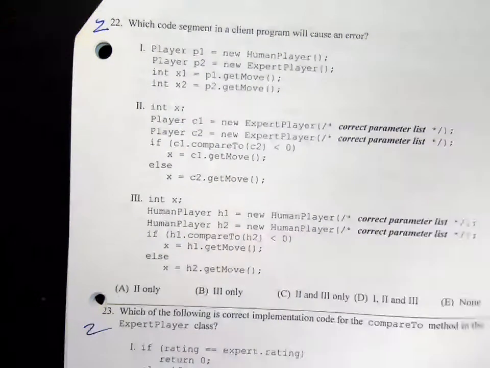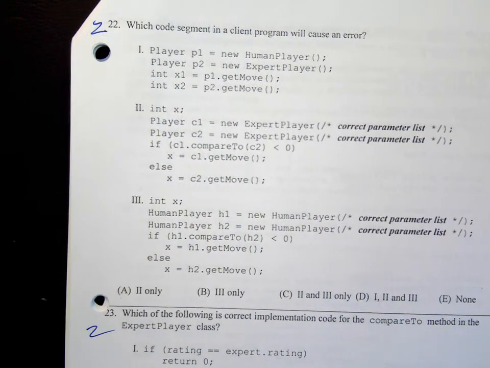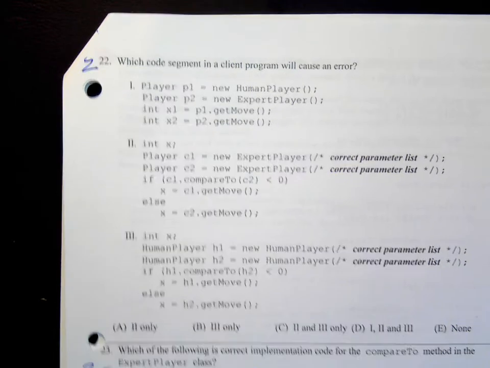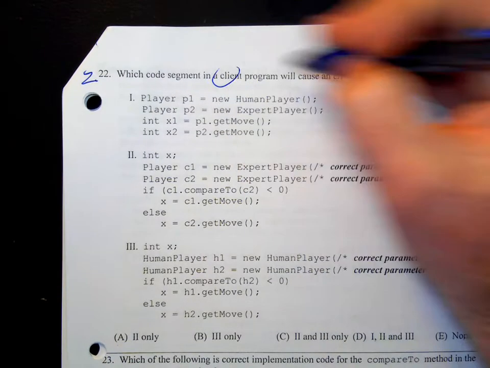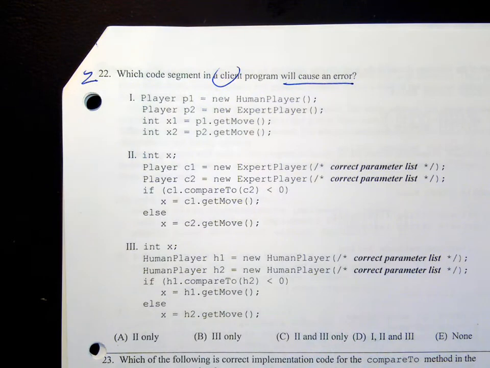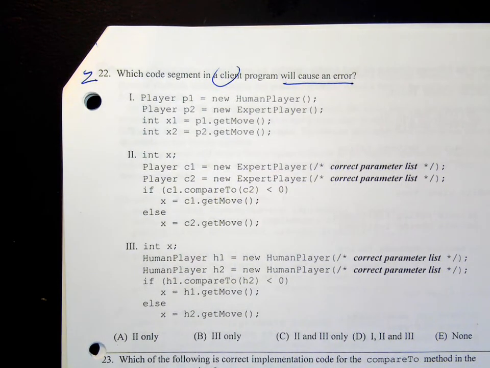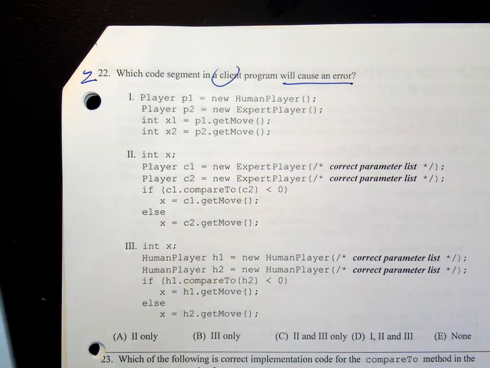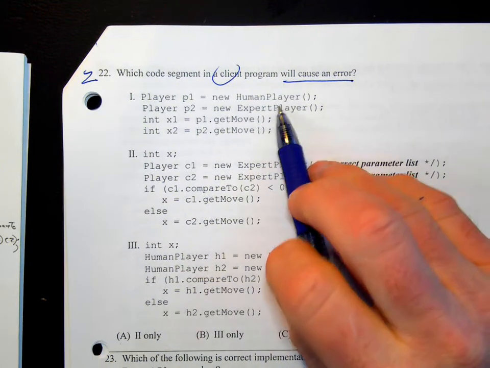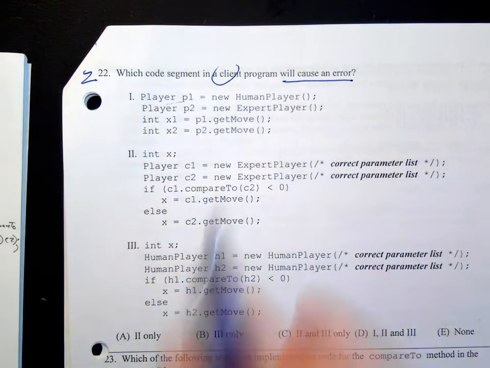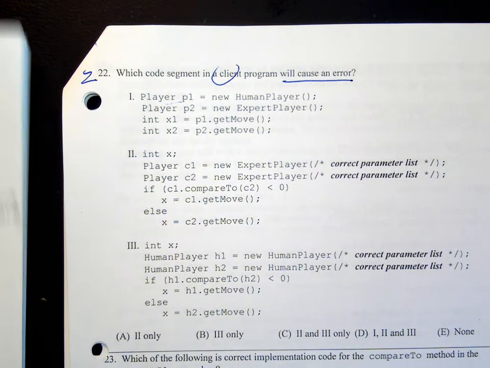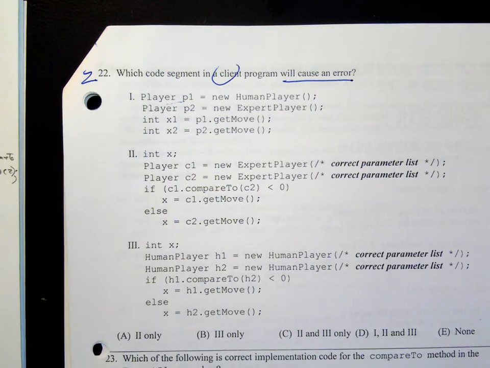So 22: which code segment in a client program will cause an error? So something that won't be allowed to be called. We're going to create a HumanPlayer and an ExpertPlayer with a Player reference, so we're making the references broader.